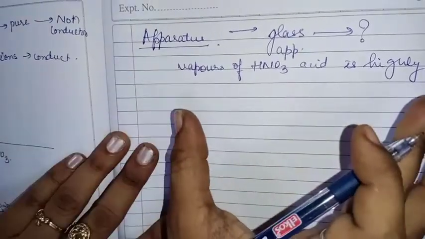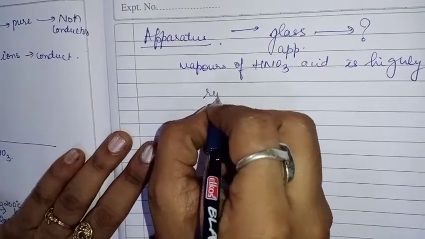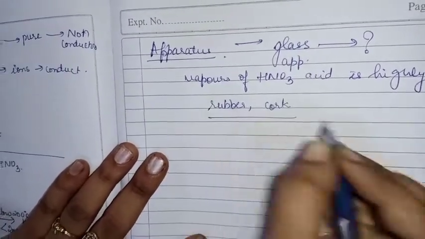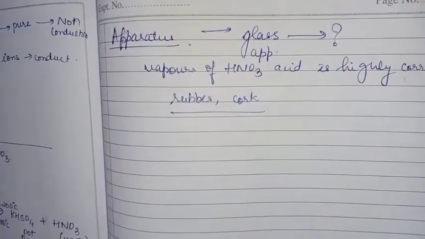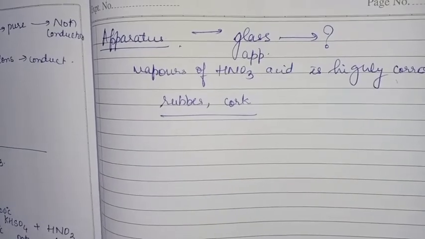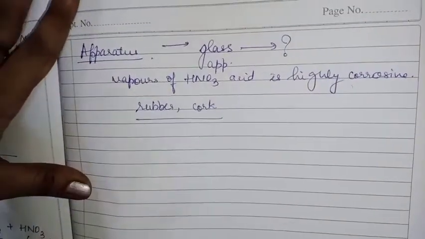It can even corrode the rubber. It can attack the rubber or the cork. Even the cork in the apparatus we cannot use in rubber form. It has to be glass apparatus.